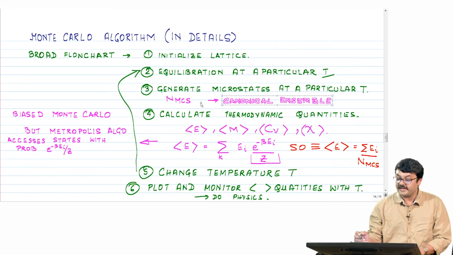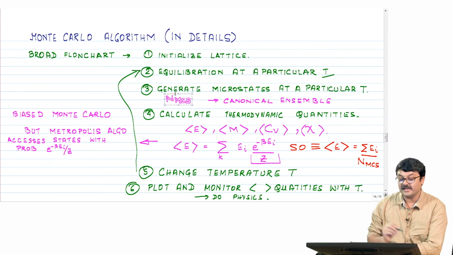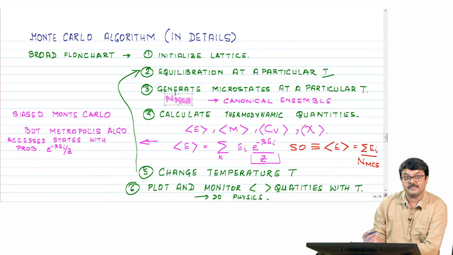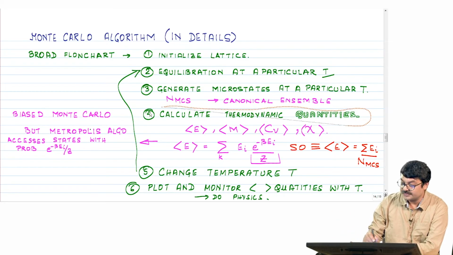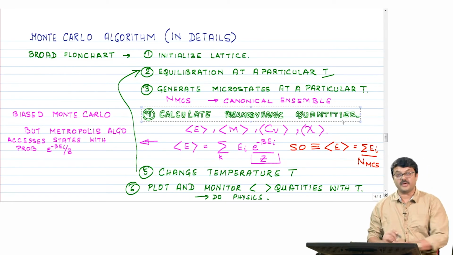And once you have reached equilibrium, you can have N MCS, for the number of Monte Carlo steps, at a particular temperature where the system accesses different microstates, and as the system accesses these various microstates, you can use those to calculate different thermodynamic quantities.